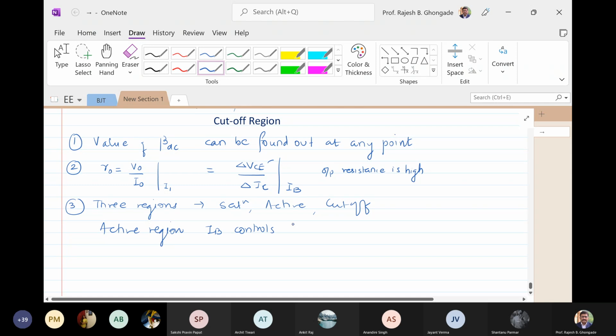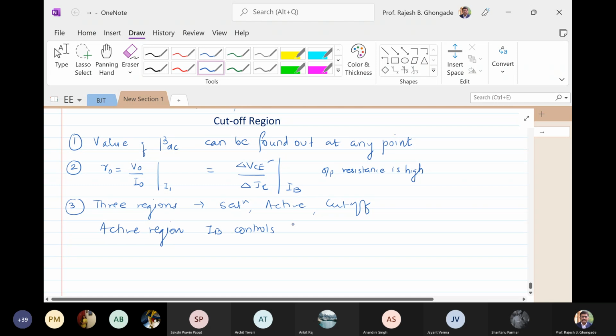So it is a linear relationship. In fact, this is the most important region of the transistor when you are using it as an amplifier, because we want the input signal to be amplified as it is. We are going to see what exactly the amplification means, but the change in the output will be more, and that is governed by your input current.